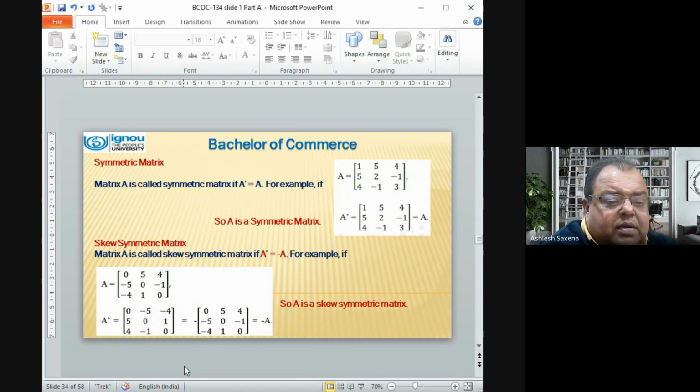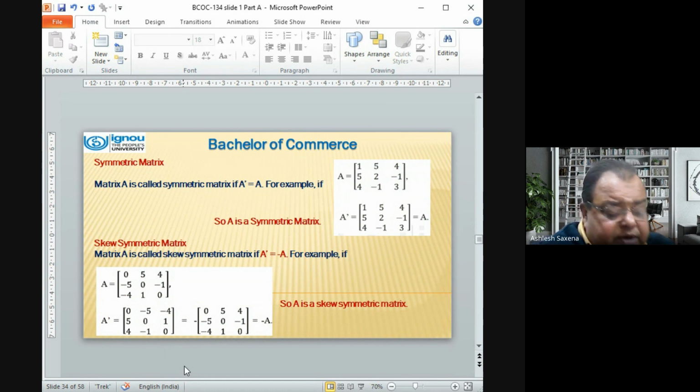First of all, calculate A transpose. After calculating A transpose, you will get 0, minus 5, minus 4, and so on, because rows will be transformed into columns.